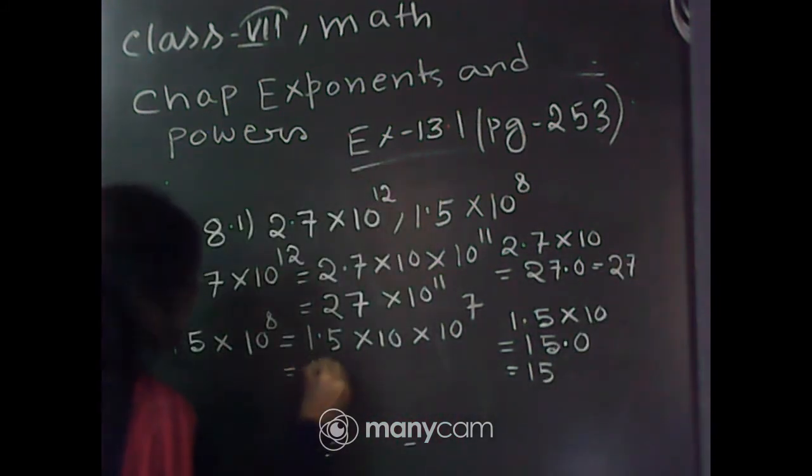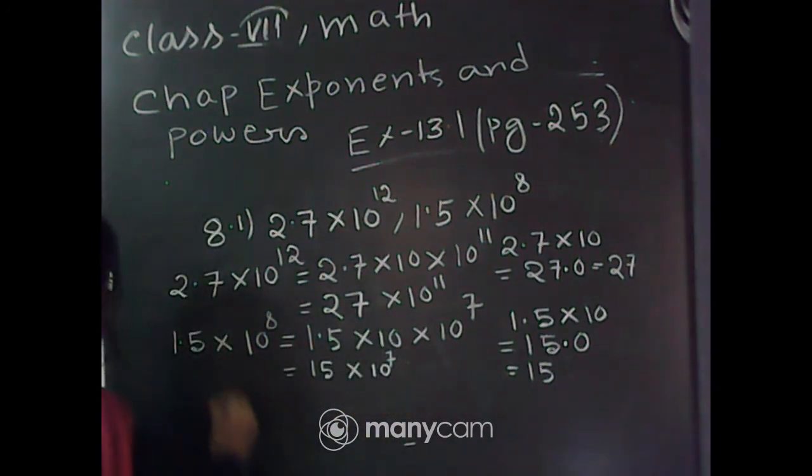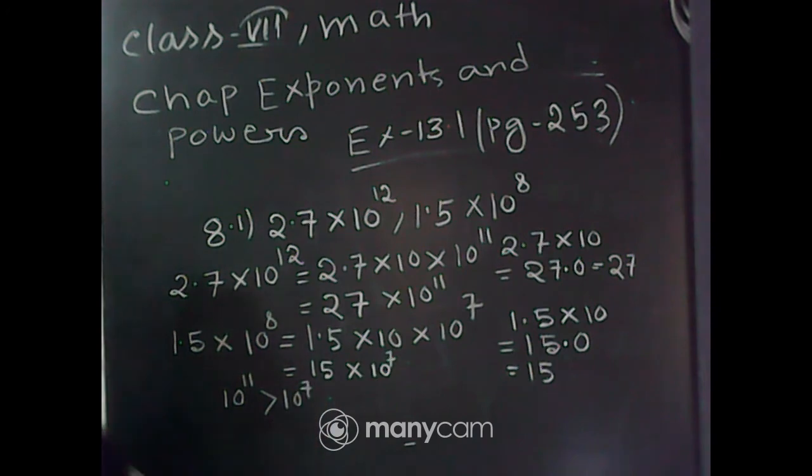Therefore, this is equal to 15 into 10 to the power 7, and obviously 10 to the power 11 is greater than 10 to the power 7, since the power is 11 here and here the power is 7, and 11 is greater than 7.